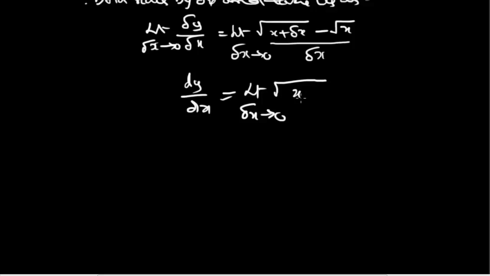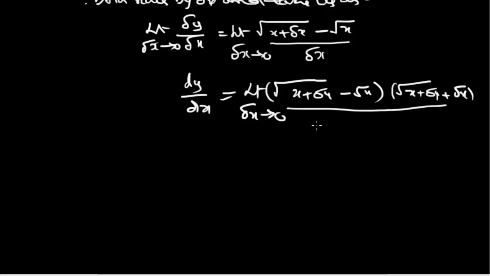Root of x plus delta x minus root x multiplied by its conjugate is root of x plus delta x plus root x. When you multiply the numerator by some expression, to balance the equation you must multiply the denominator also. Denominator: delta x into root of x plus delta x plus root of x.